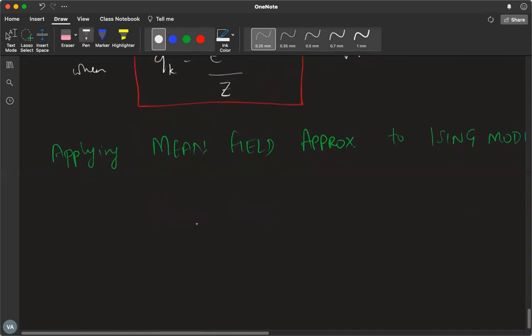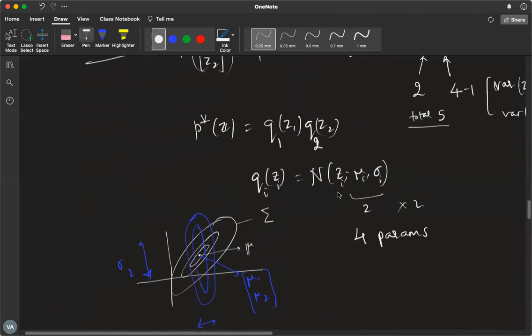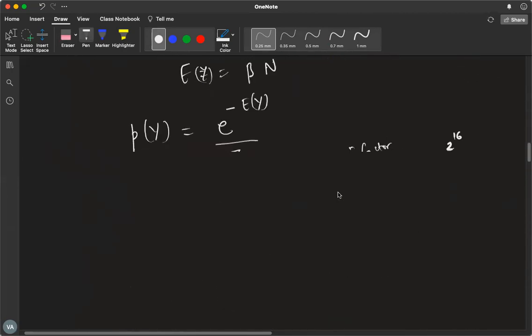Okay, so what is the Ising model? Ising model is, as you know, you have sites and each site can have +1 or -1, and your probability of the entire lattice, P of vector y, is given by the exponential of, you remember, I think it was plus beta, because E was minus beta and this is minus of E, so it becomes plus beta.